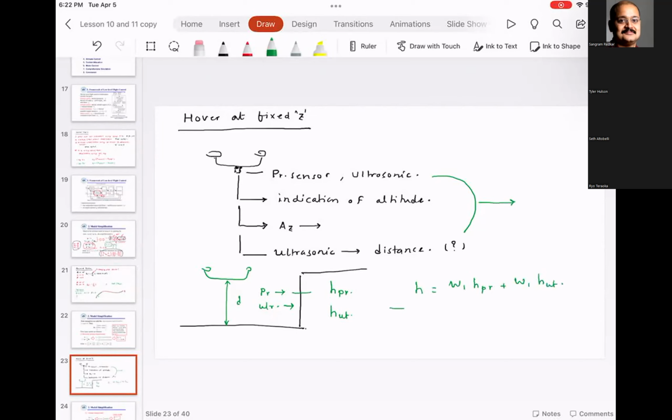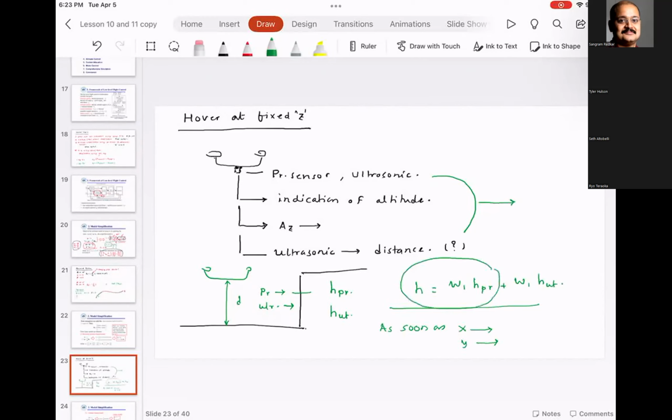However, as soon as I have a translation command in X or in Y direction, to control the height I'm going to focus more on the pressure sensor.